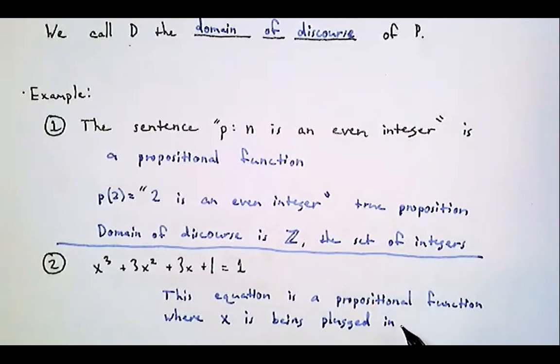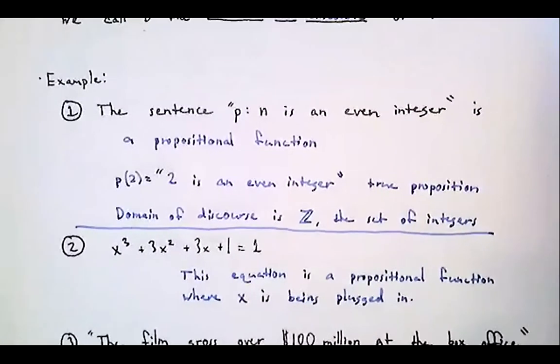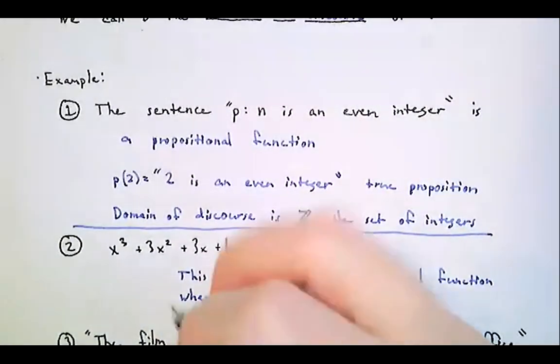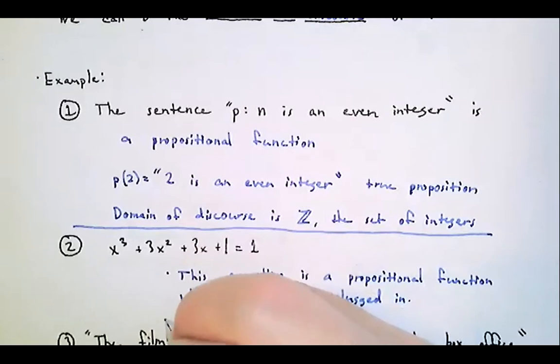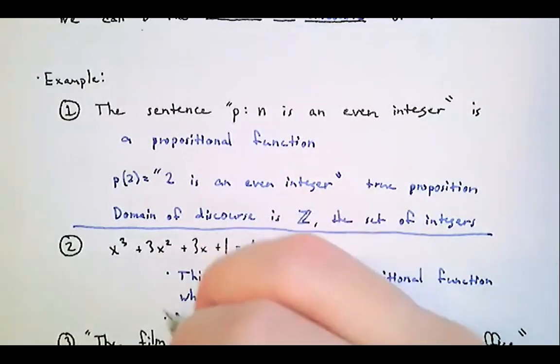So if I take any number and put it into my equation, either this is going to be true, the left side is going to be equal to 1, or it's not going to be true, the left side is not going to be equal to 1. And since we're plugging in numbers, in fact, we can plug in any number we like here.